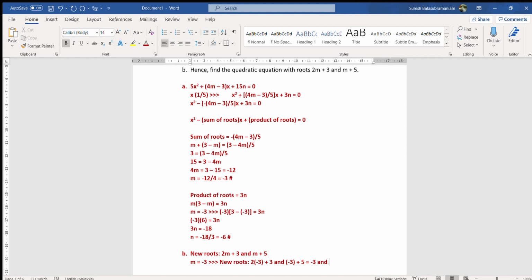And negative 3 plus 5 is 2. So the new roots are negative 3 and 2.